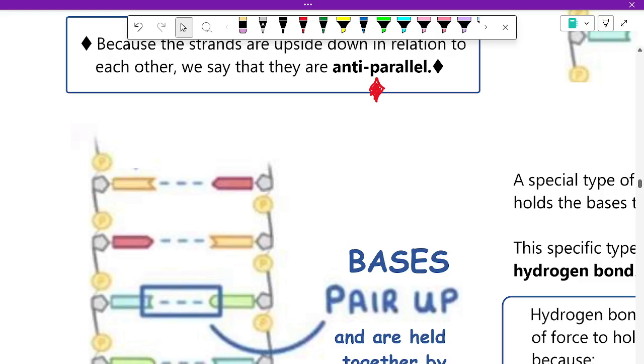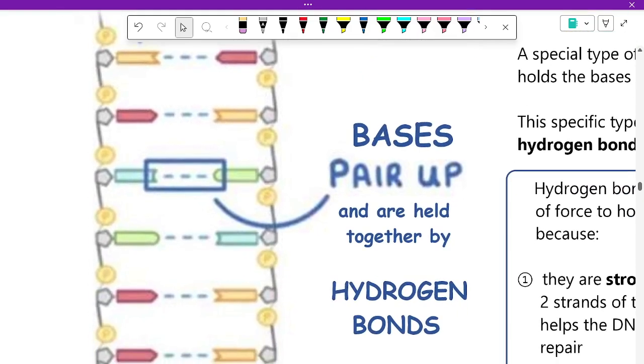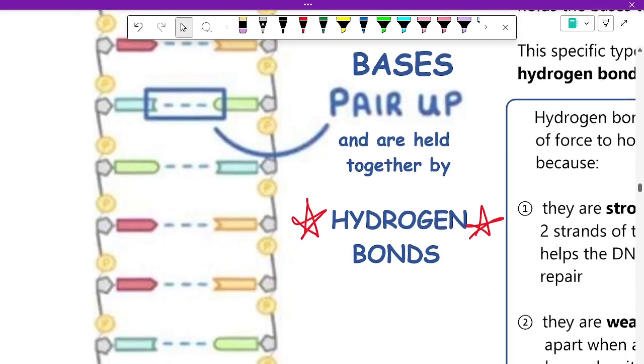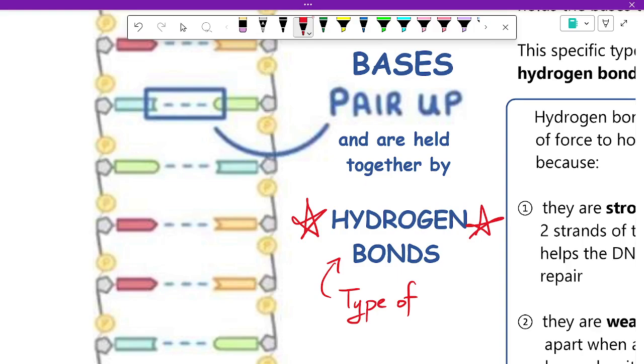The bases pair up, and they are held together by something called hydrogen bonds. Hydrogen bonds are a type of bonding between molecules. What do we call those things? IMFs.